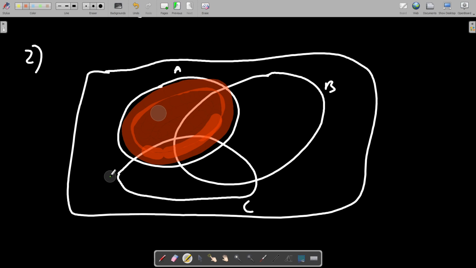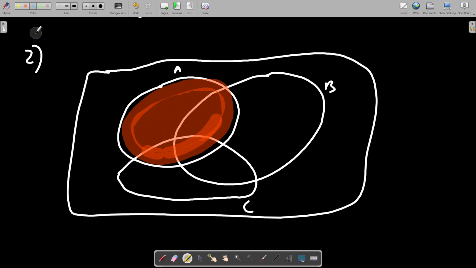So when we are counting A, we are going to count all this red region over here, right? Now head is not paining, no?